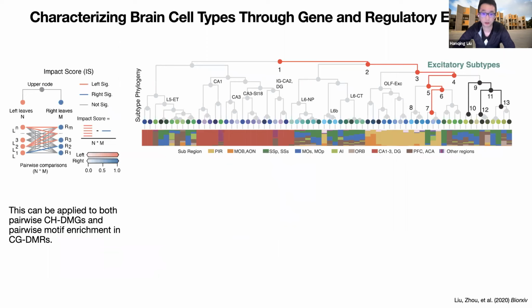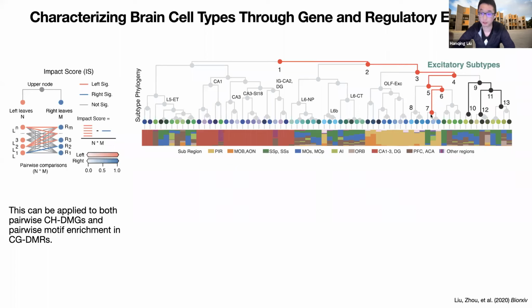So using this pairwise comparison and the cell type trajectory or taxonomy we can get by running a hierarchical clustering on the subtypes, we then want to annotate each node in this taxonomy.